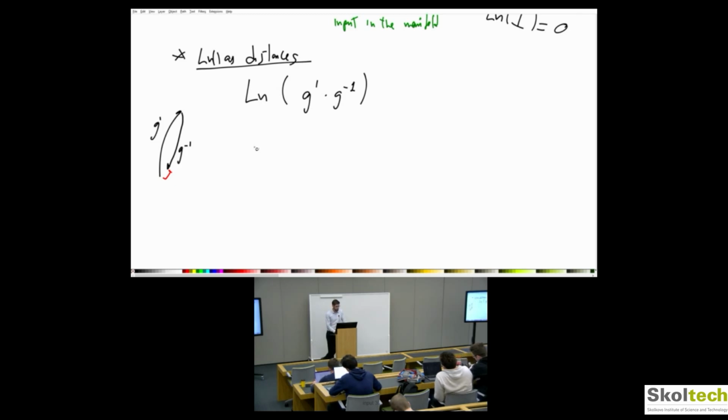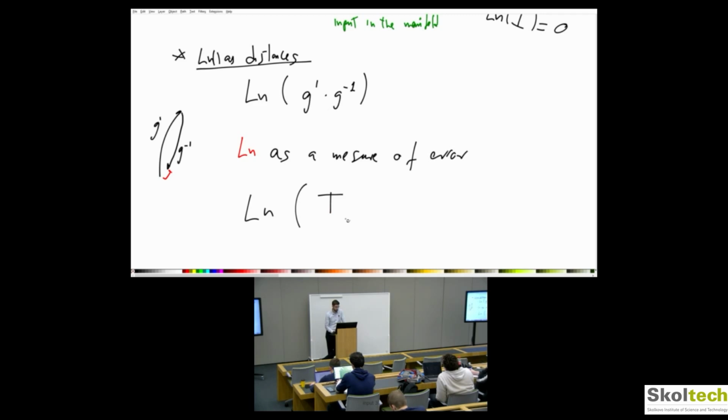Okay, so another definition is the logarithm as a measure of error, right? So in this case, we forget about G, right? We have T. And then imagine that we are really observing this T. This is another different function, right? And we have this form, right?